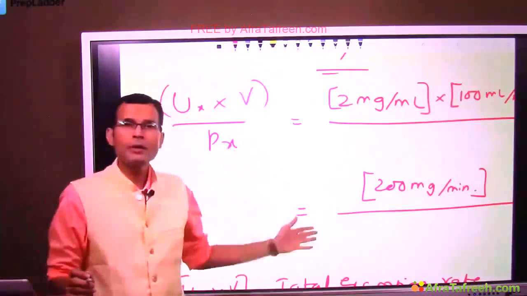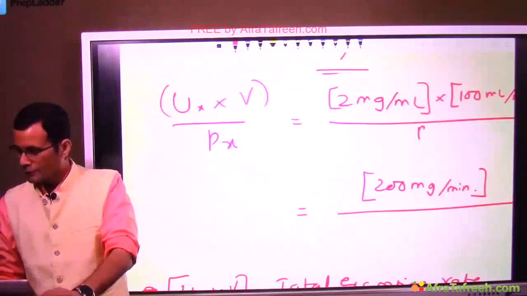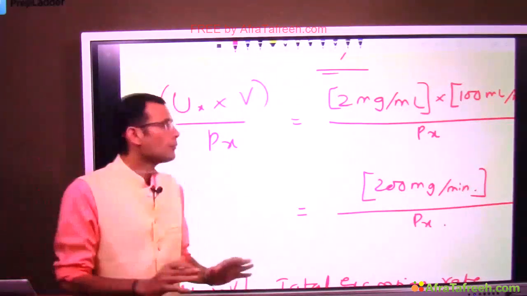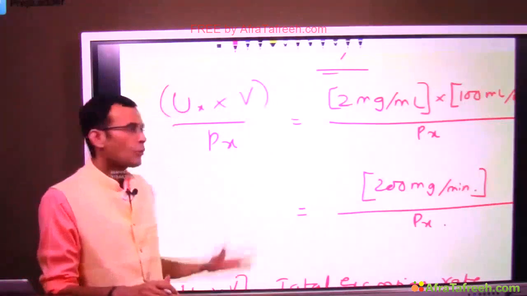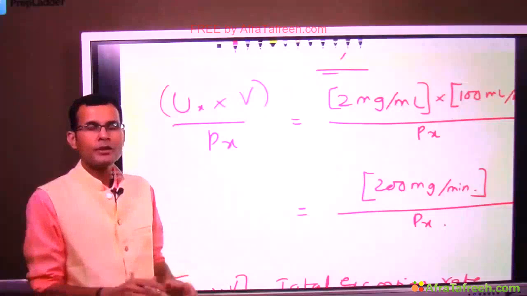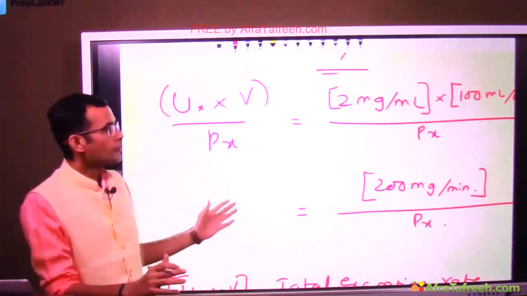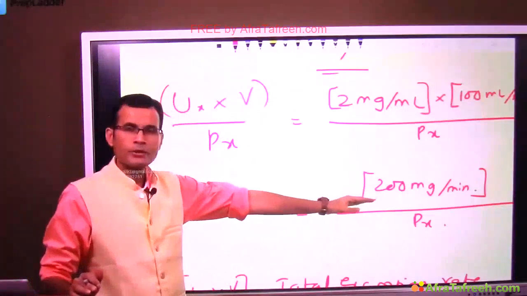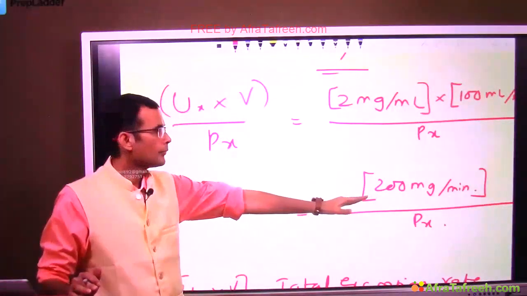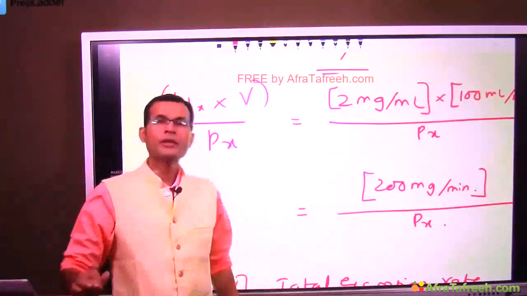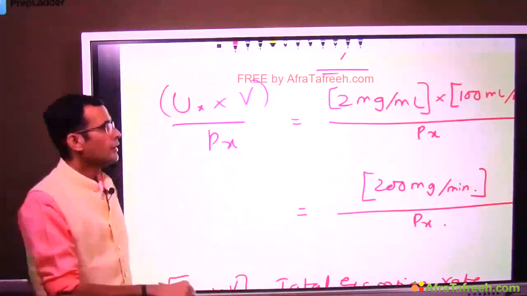And what is the denominator? It's the plasma concentration of X. So finally we can say, what is clearance? Clearance is the ratio, actually. It's the ratio between the total excretion rate of that substance per unit time and its plasma concentration, which is at the denominator, right?